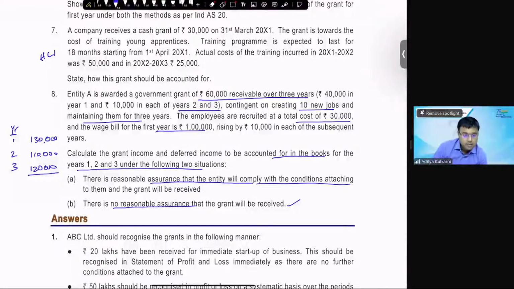So 1,30,000, 1,10,000, 1,20,000. This comes to how much? 3,60,000. Am I okay with this? Yes, sir. So you are going to amortize 60,000 in the ratio of 13:11:12. Are we okay with this? Yes.